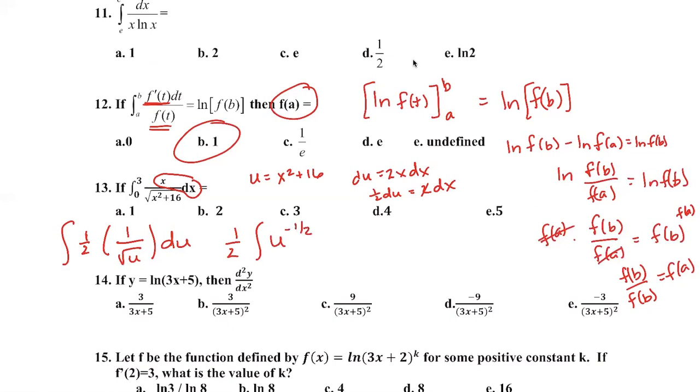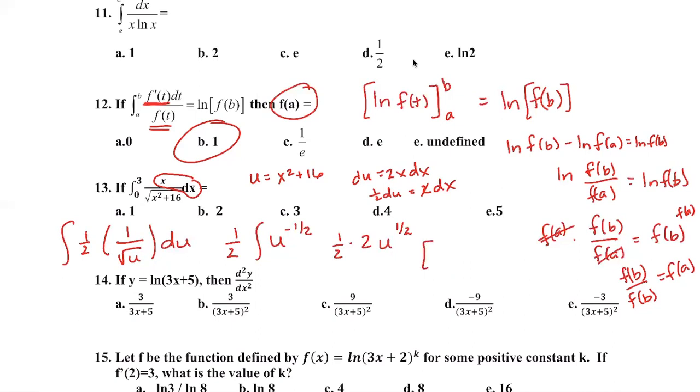If you raise that exponent, you would have u to the 1/2. But I need to take my 1 divided by a 1/2, which is going to give me a 2, but I have a 1/2 already there, so those are going to cancel. So I really get u to the 1/2 plus c. Well, I don't need plus c because I'm evaluating it. So u to the 1/2.